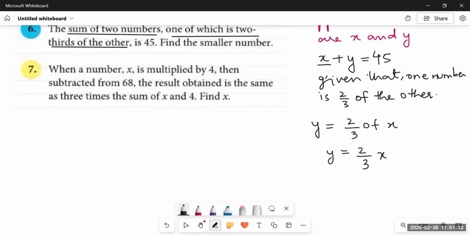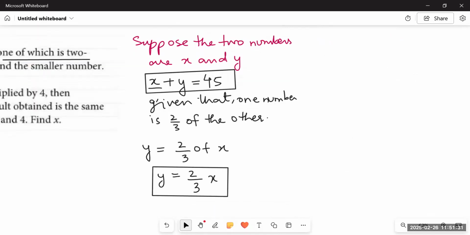Now, I told you in the previous video as well that whenever we make two equations, what we do is substitute the value of a variable from one of the equations into the other. So the two equations over here are x plus y is equal to 45 and y is equal to 2/3x. How can we solve them? We take the equation x plus y is equal to 45.